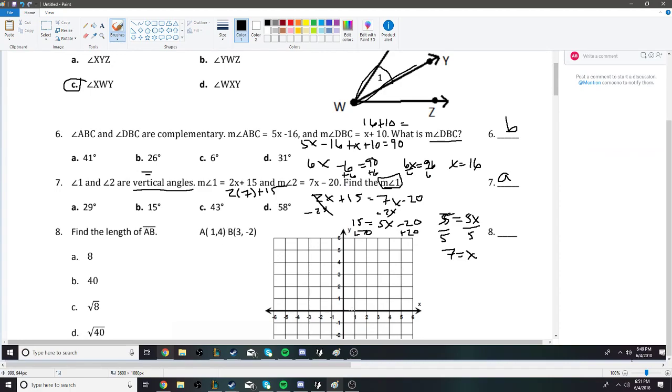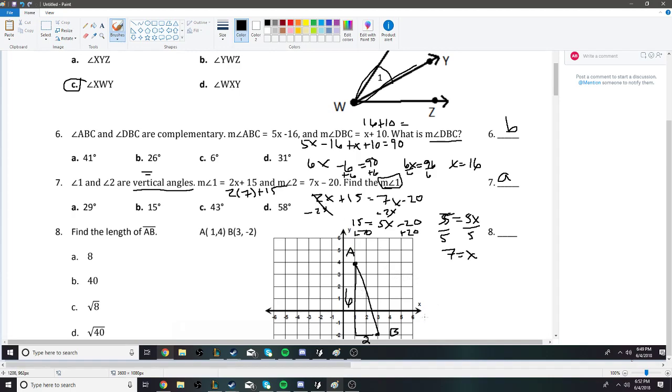A is at 1, 4. There's A. B is at 3, -2. There's B. We want to figure out how long that line is. So let's make this into a right triangle. This has a base of 2 and a height of 6.